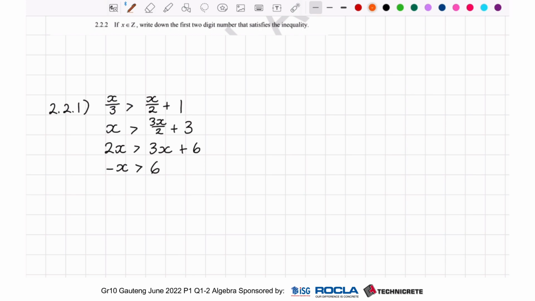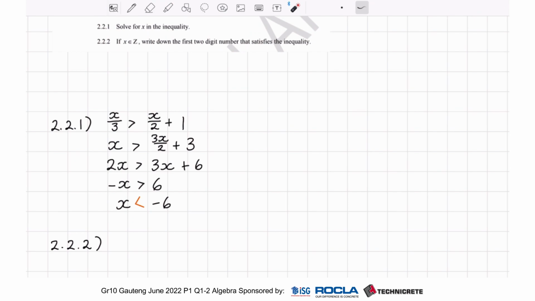But when I multiply or divide an inequality by a negative number, I know that my inequality sign has to change direction. So instead of having the greater than, I'm now going to have a less than. And I've multiplied everything by negative 1. So on the left-hand side I've got x, and on this side I've got negative 6.